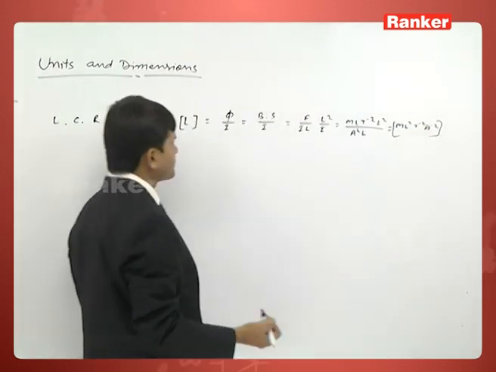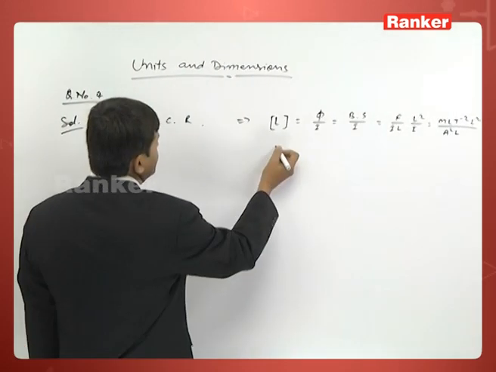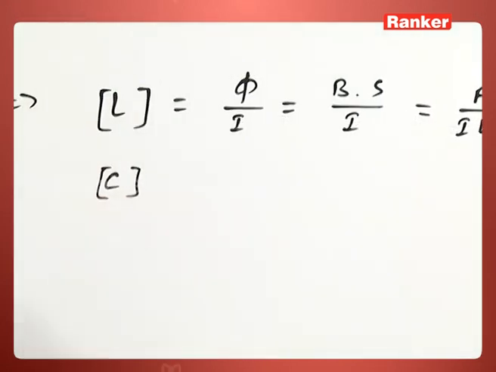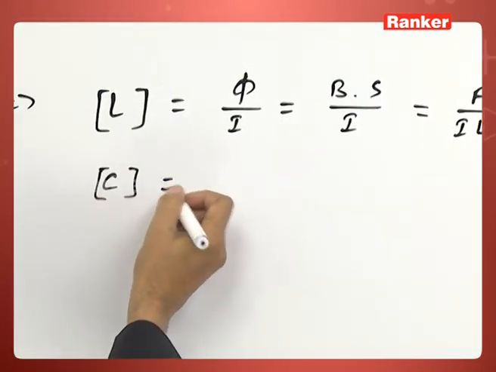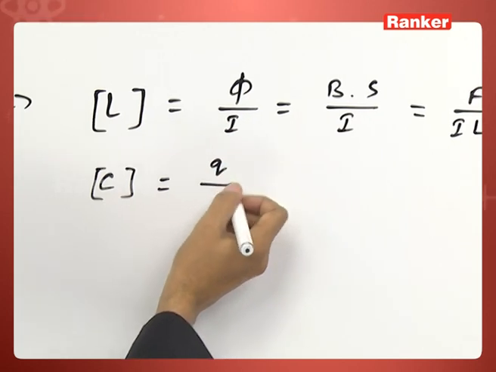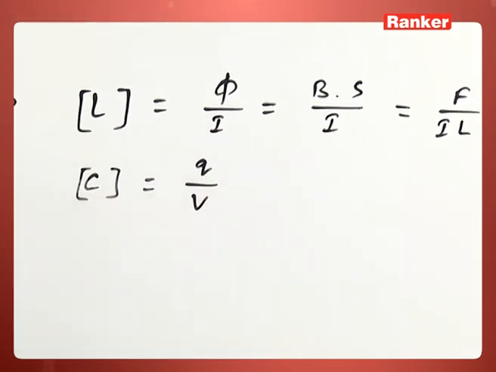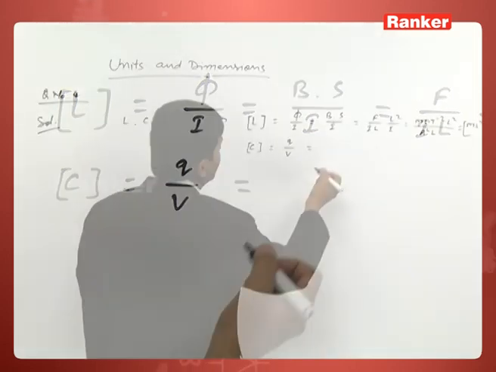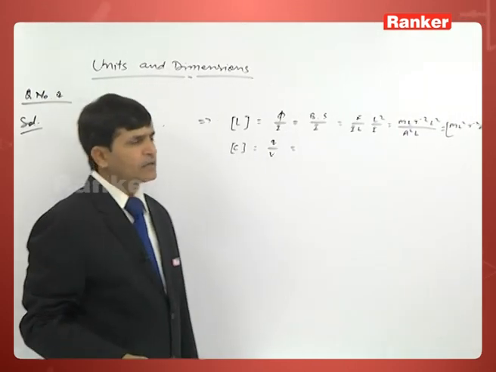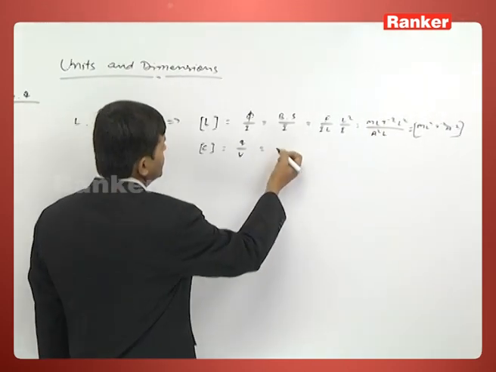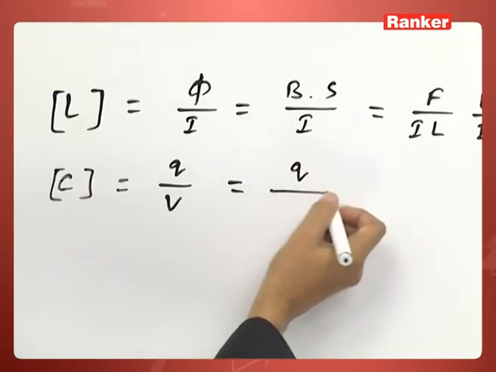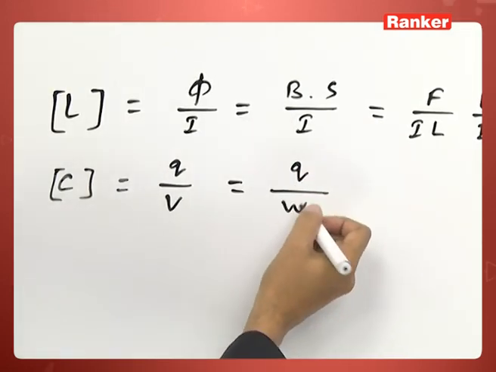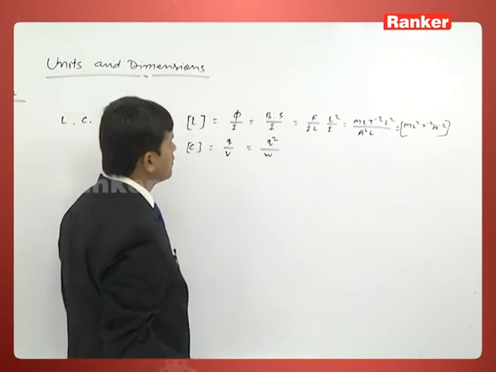Now, similarly, the dimension of C is written as Q by V, and Q is the charge. V we can write as W by Q, where W is the work done.